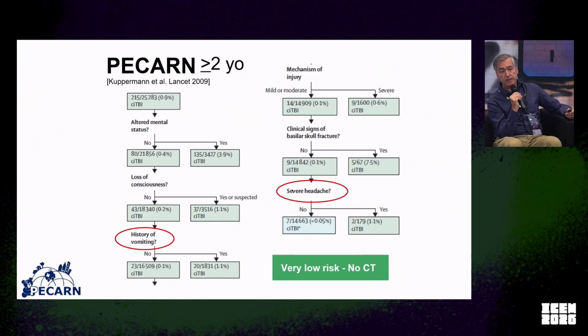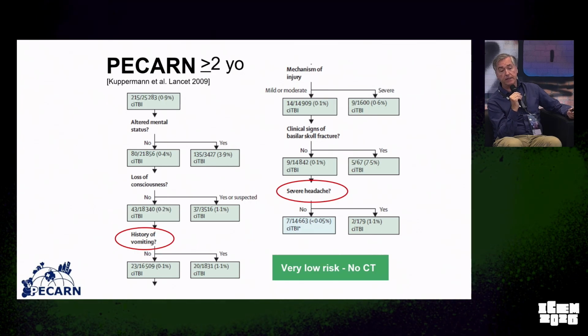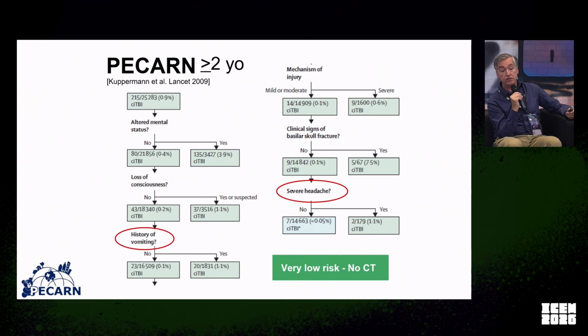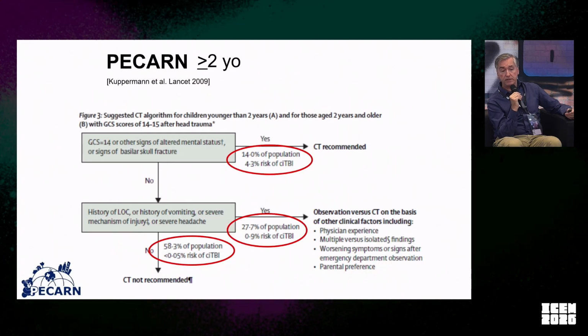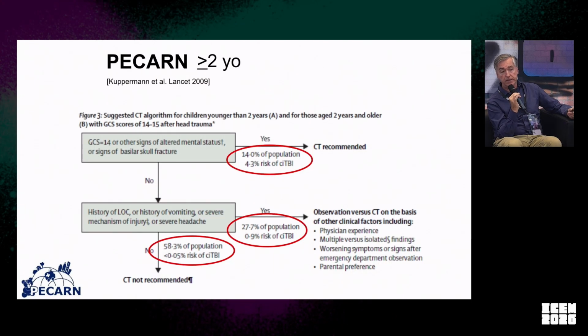The questions are similar in children greater than 2 years, but they changed a couple of factors to history of vomiting and severe headache as key predictor variables. What does this translate into? You remember the algorithm from before, so a similar algorithm.